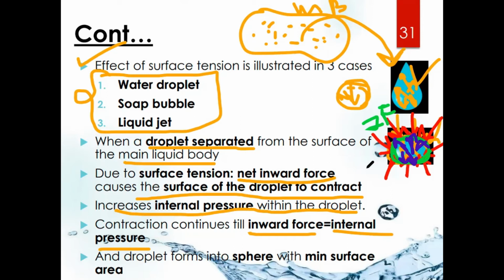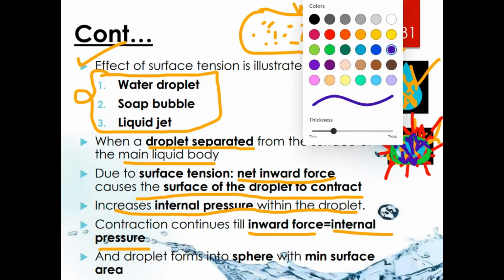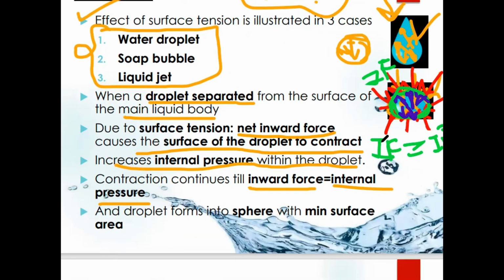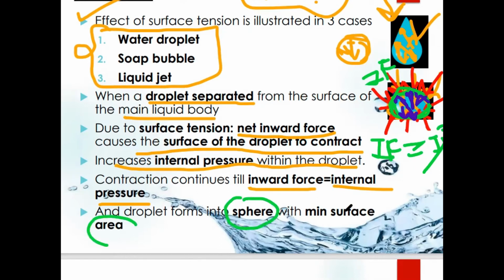The contraction of the liquid will continue till the inward force is equal to the internal pressure. Once the inward force is equal to the internal pressure, the droplet forms into a sphere with a minimum surface area. The contraction ends and it forms a sphere like this with the minimum surface area. Is it clear?